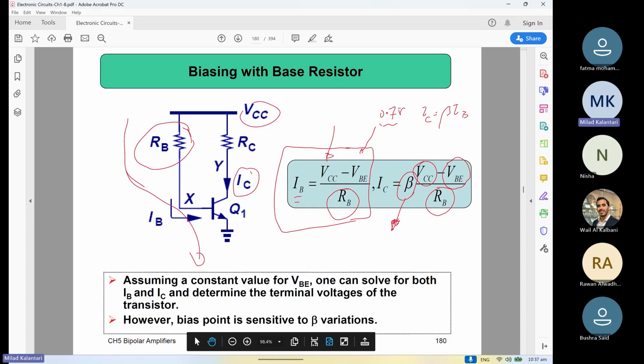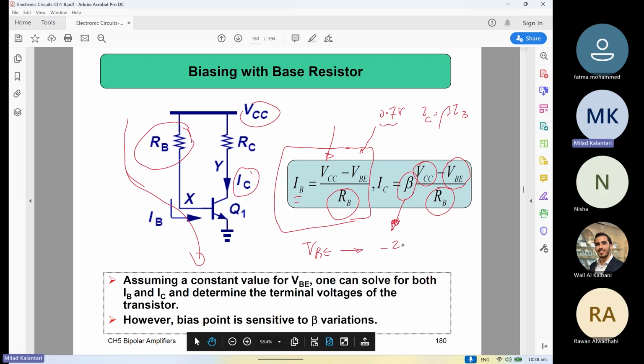Both the beta and VBE change very harshly over the temperature. The VBE, or turn-on voltage of the device, changes with the temperature with a slope of negative 2 millivolt per degree C, right? Every 1 degree increment in the temperature reduces the VBE value by 2 millivolt.